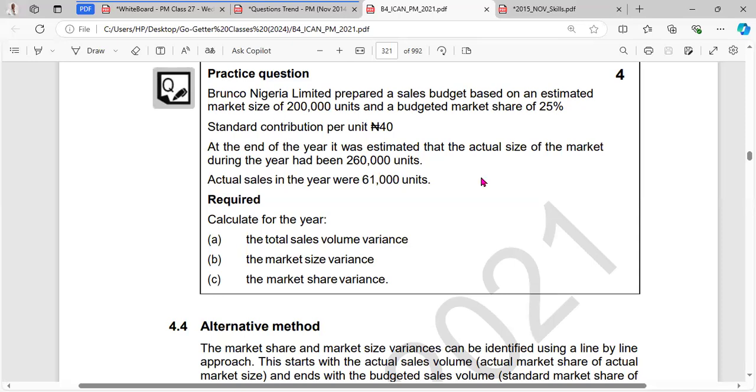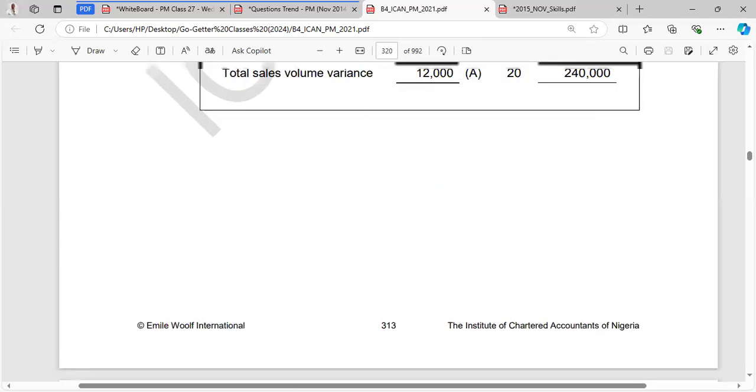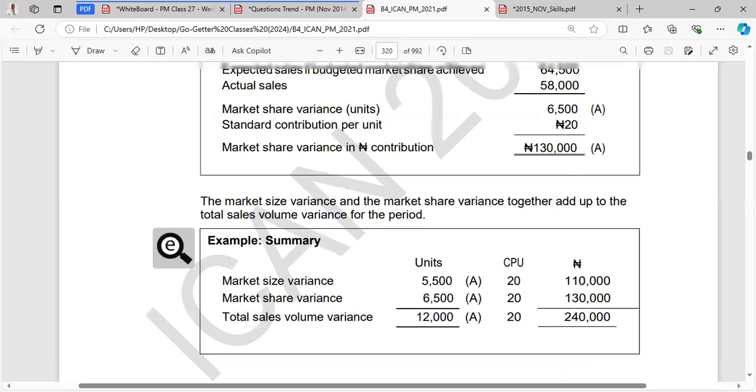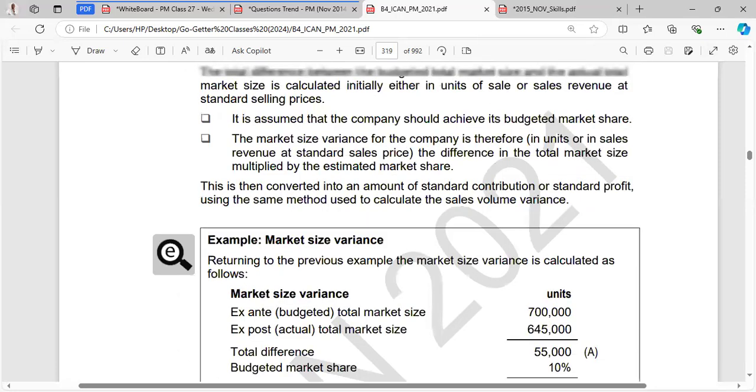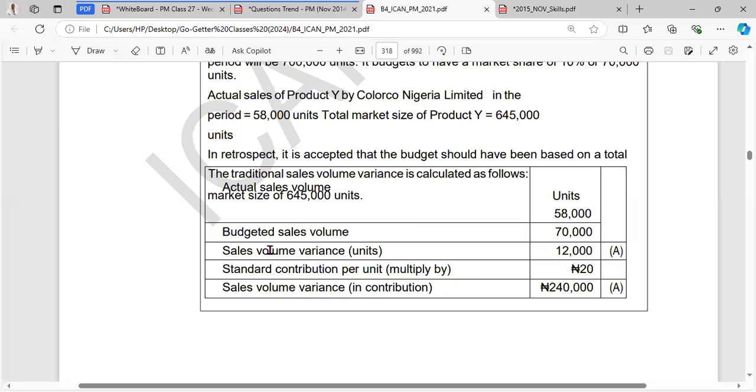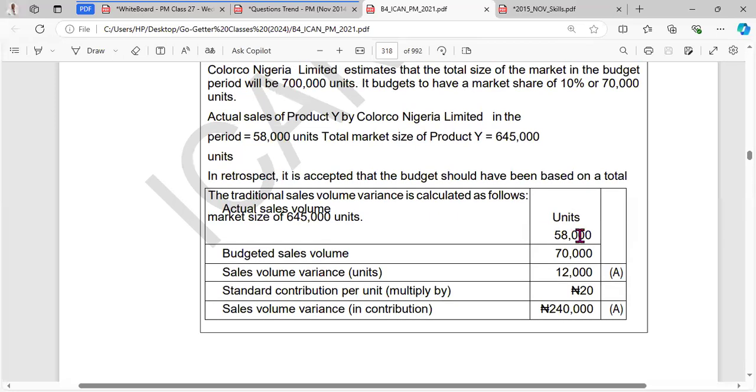Okay, so let's see the way that was used in calculating the sales variance, the volume variance the first time. Okay, this is the volume variance that was used here from the actual market. This is what they actually sold. These were their volume budgeted to 40.